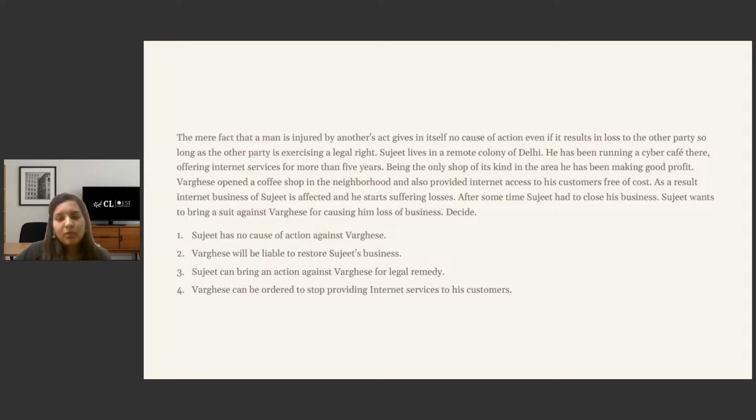After some time, Sujit had to close his business. Sujit wants to bring a suit against Verghese, right? So Sujit has no cause of action against Verghese. He could have updated himself. He could have gone ahead and done something. So even if this question is coming under torts for you, then you have to accordingly think about torts. If this question is coming under competition law, then you have to think about that, right?